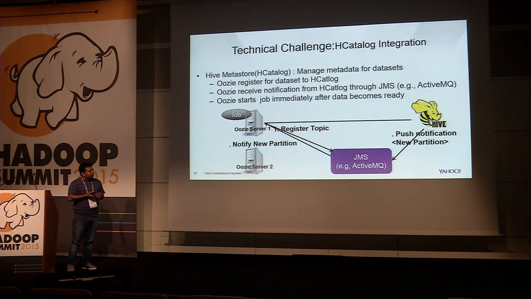For notification, we use HCat. What Oozie does is that when it starts an action, it registers with HCat for that particular data set. When the data set is available, HCat notifies via JMS. Once we receive the notification, we start the workflow immediately.